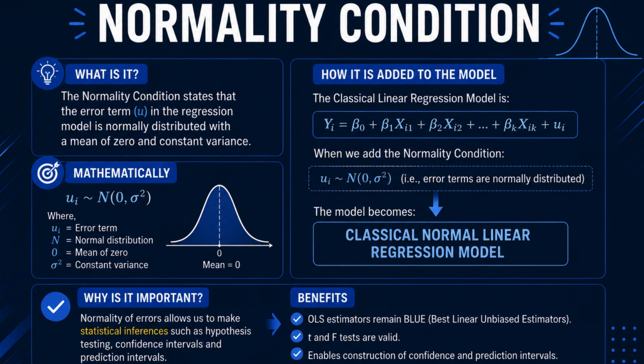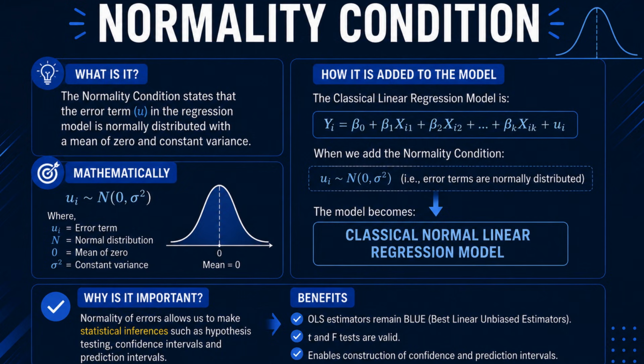3. Why is normality important? Now the obvious question is, why do we need the normality condition? OLS can still have important properties such as unbiasedness and consistency without assuming normality, provided the relevant classical assumptions hold. So normality is not what makes OLS unbiased.